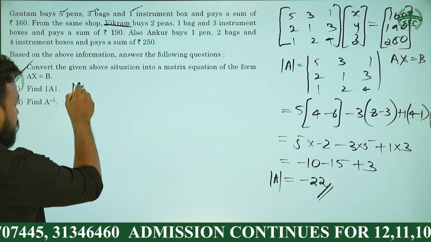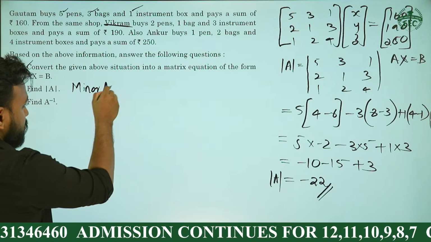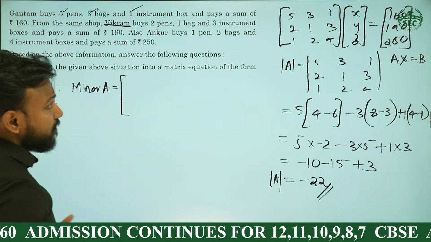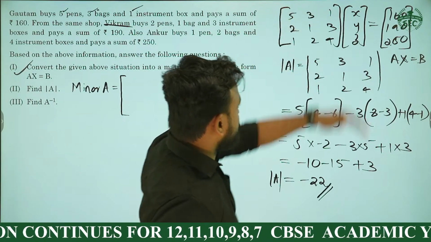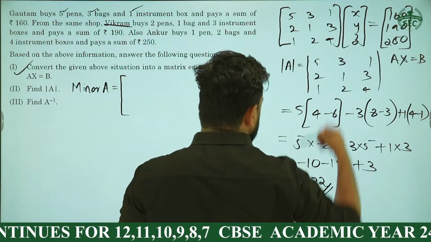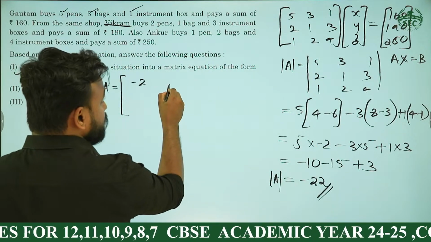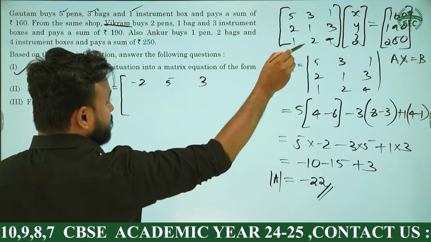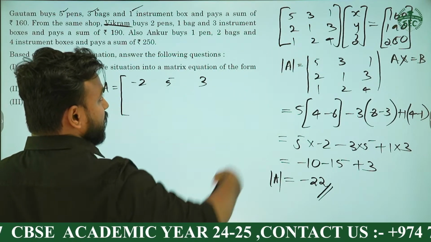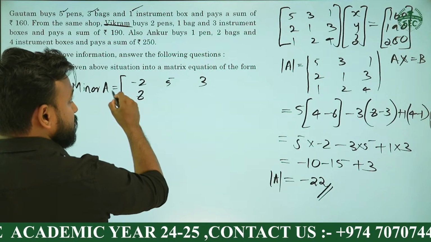So to find the adjoint, you want to find the minor of A first. What is the minor of A? This is our A. Eliminating the row and column of the first element, you will get 4 minus 6, that is minus 2, and 5 and 3. After that, you will get 9 minus 1, that is 8.